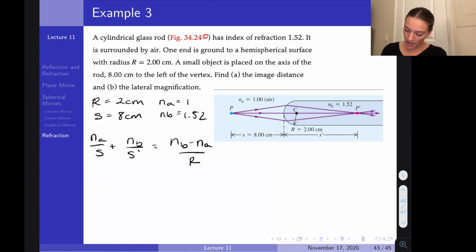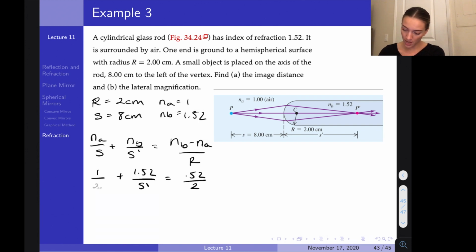Let's plug in NA, we said is 1. NB was 1.52. We're looking for the image distance. NB minus NA is 1.52 minus 1, so we have 0.52. The radius of curvature we said was 2 centimeters.